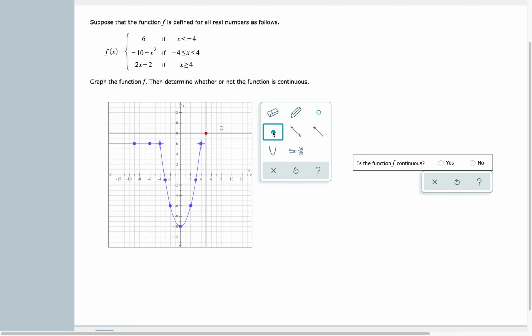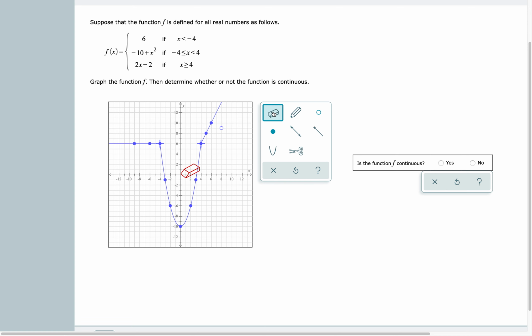And we'll go once more. So 2 times 6 is 12, minus 2 is going to be 10. And just connecting. So you're going to have this line segment go out continuously.